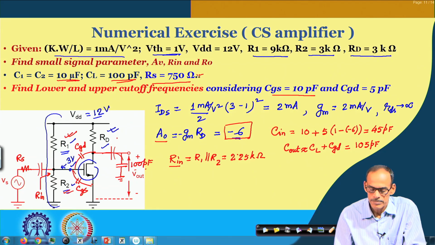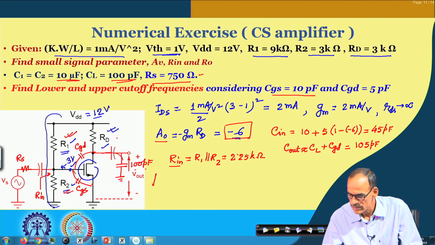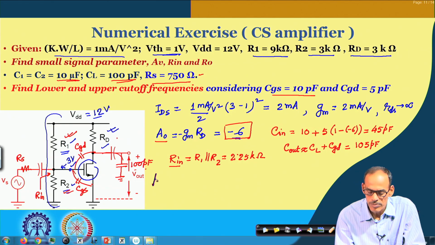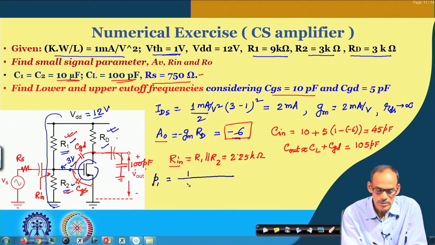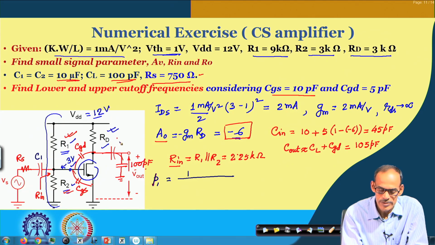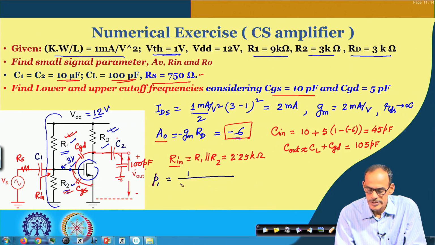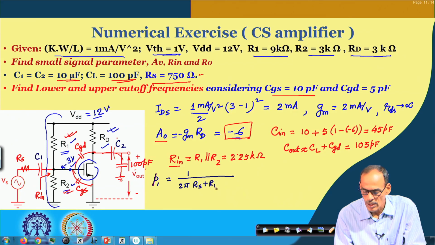So, the first pole P 1 comes from the series connection of R s and R in, and C 1; C 2 is here. So this is 1 by 2 pi, then R s in series with R in multiplied by C 1.